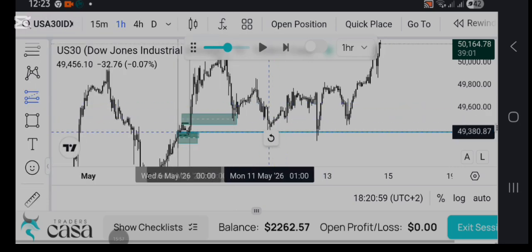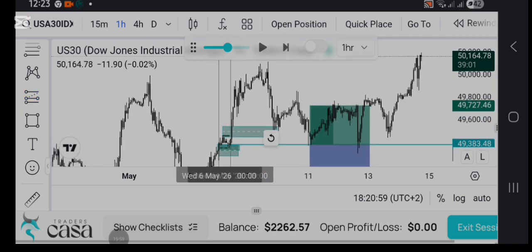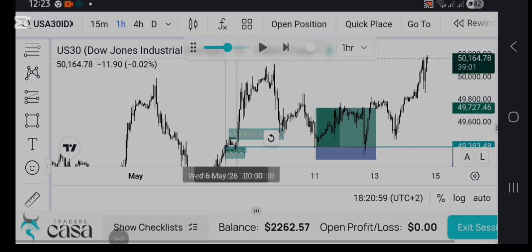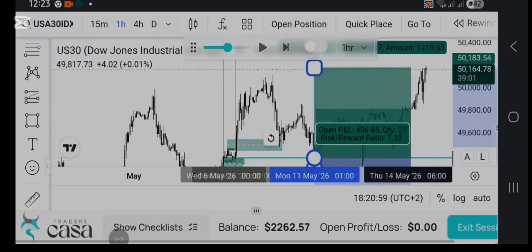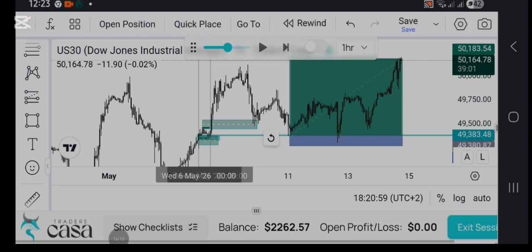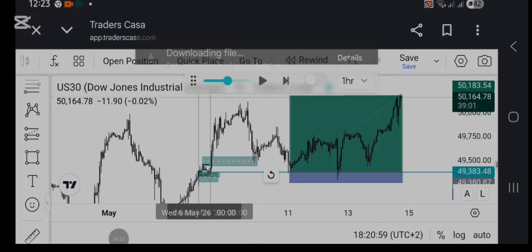Long position. This is where we got tagged in. The stop loss was here. Boom, full TP got hit. So yeah.